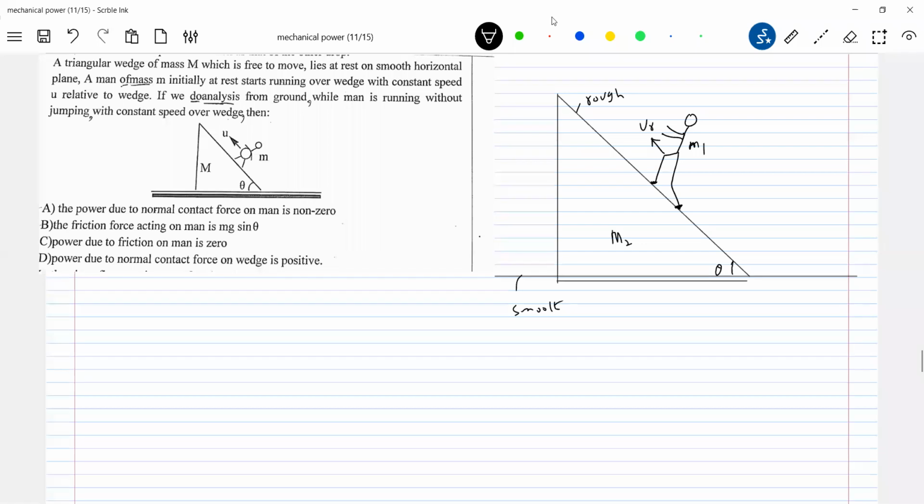We know some basic things, like in what direction the friction should act on the person, the resultant friction, like this, and on the wedge, that u1 is constant.